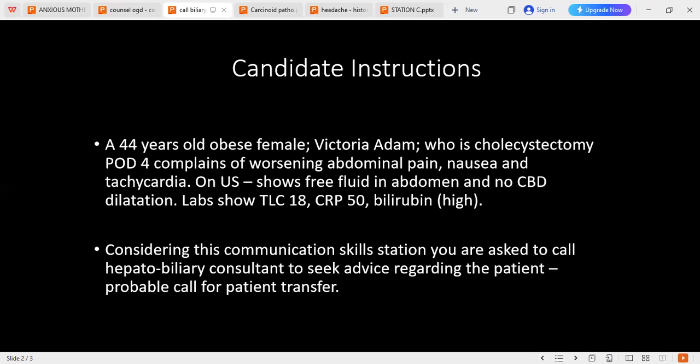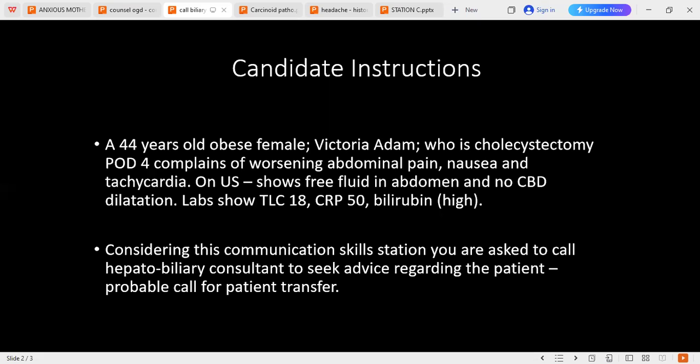Okay. Can you confirm for me if your patient is suffering from biliary peritonitis? Yes, the patient can be suffering from biliary peritonitis because the bile leakage can spill into the abdominal cavity. And currently, the CRP is elevated, which is an inflammatory marker, and the patient is tachycardic, so it can be biliary peritonitis. All right.